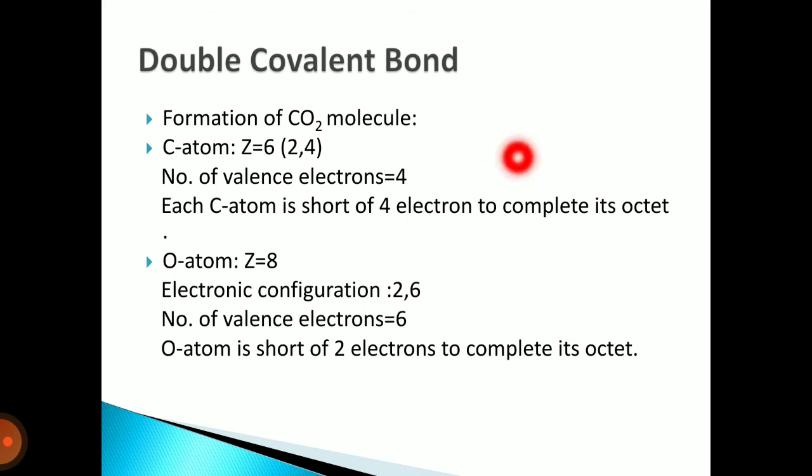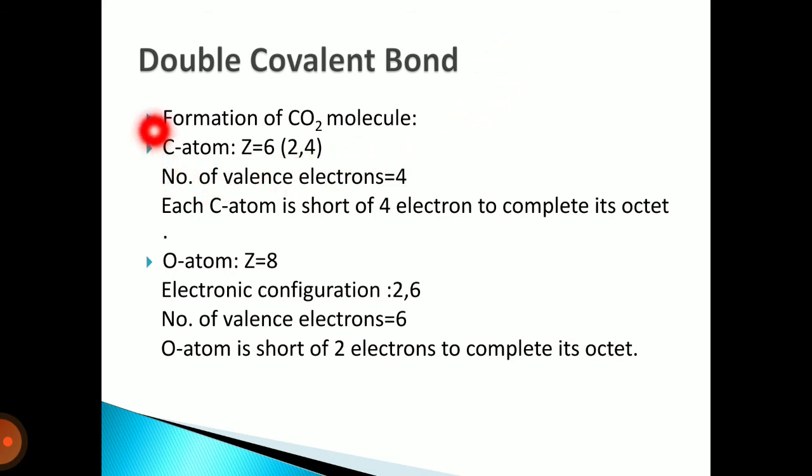Coming to the double covalent bond, let us take the example of the formation of the CO2 molecule. In a double covalent bond, 2 pairs of electrons are shared mutually between the 2 combining similar or dissimilar atoms, or 4 electrons are mutually shared between the 2 combining atoms.